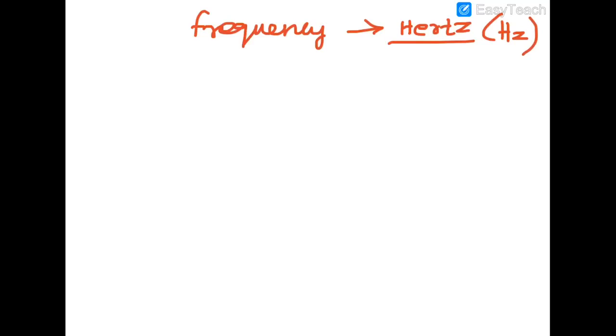Frequency can be represented in terms of hertz. The frequency letter is called nu.